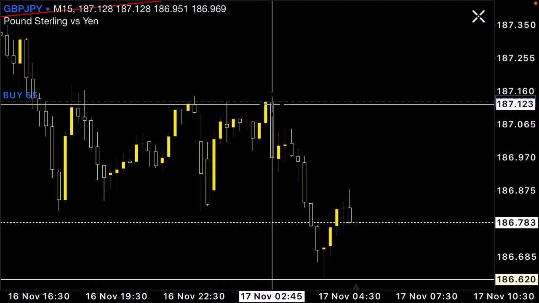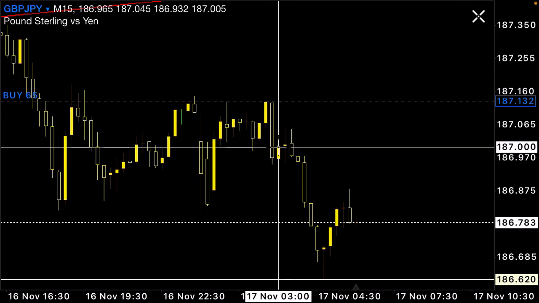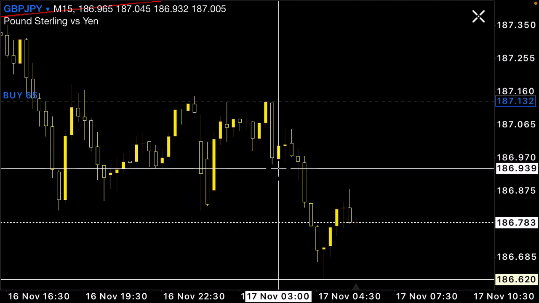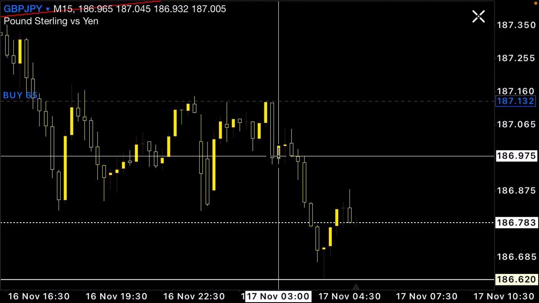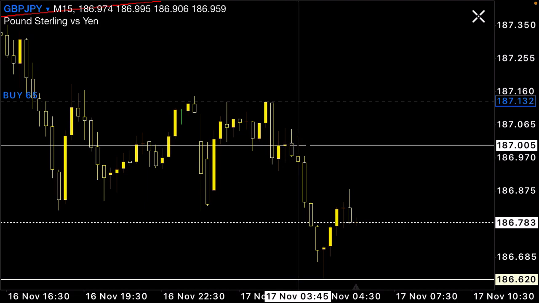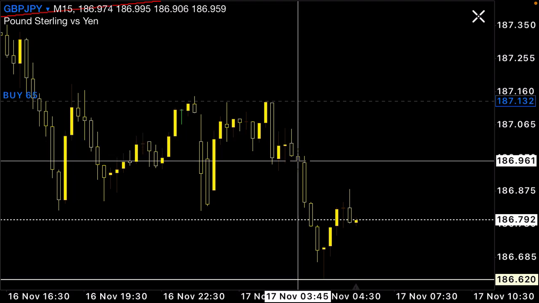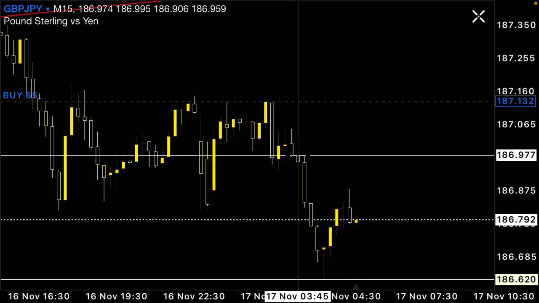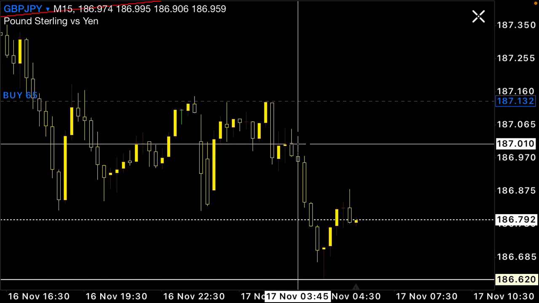And then the next 15 minutes, it dropped down a lot. See that? Then the next one, it went up a little bit. And the next one, it's just right there a little bit. And then the next one, it went up a little bit, but then it came down. But then it went back up.